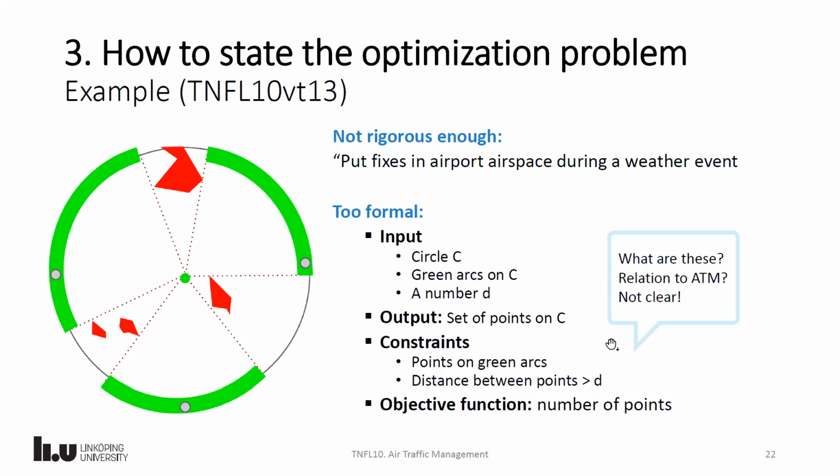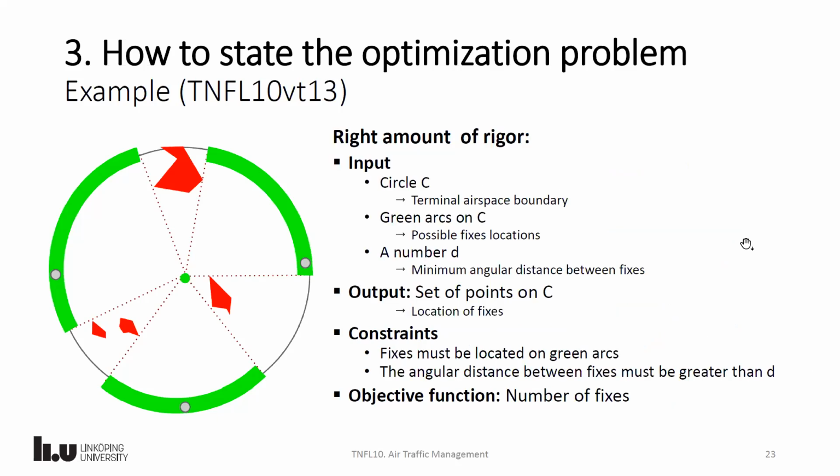So in a single view, we can see all the elements that we need, both related to ATM and in a rigorous way, mathematically speaking. So this could be the right amount of rigor. This is what we're looking for when you are stating your optimization problems.